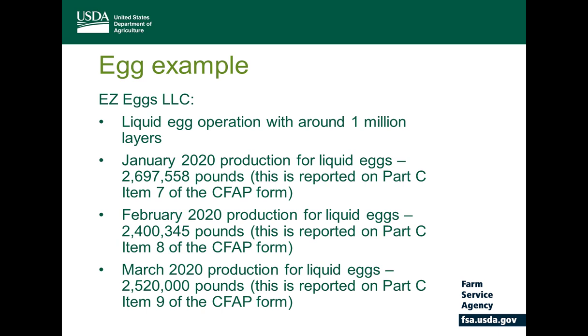And for an example, I have to say eggs are pretty straightforward, but as a quick and easy example, this egg LLC has about 1 million layers. So those are chicken, hen layers. And in January, February, March, they have roughly around the same amount of production, close to 2.5 million pounds.